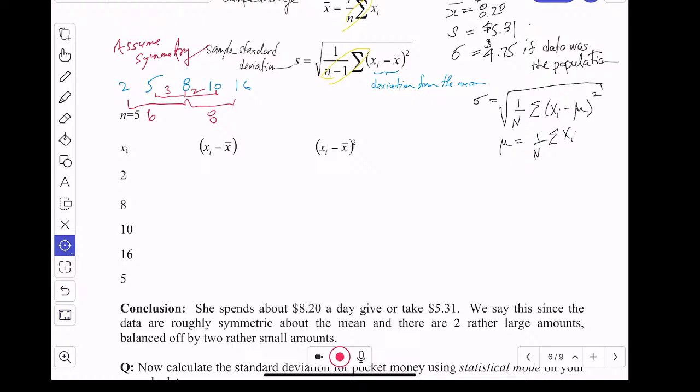But I don't. I just have the sample, and most of the time you will only have the sample. So because of that, you have to substitute the true mean for the sample mean. Or say it the other way: I have to substitute the sample mean for the true mean. I have to use the sample mean instead of the true mean.